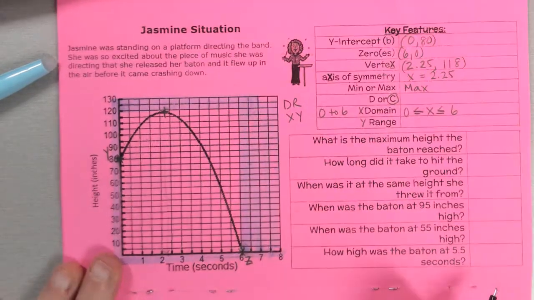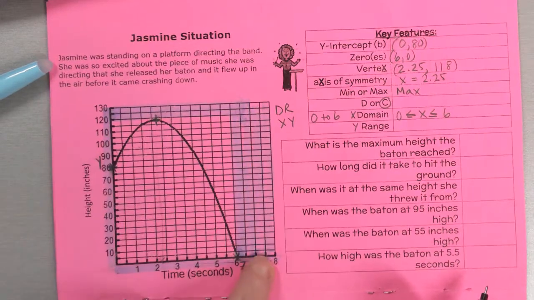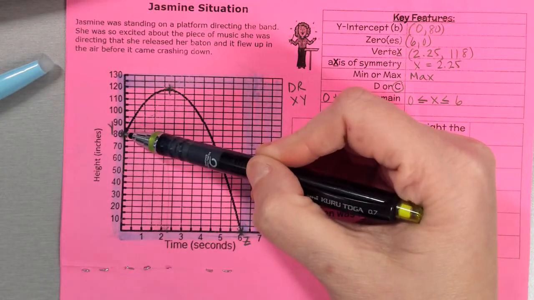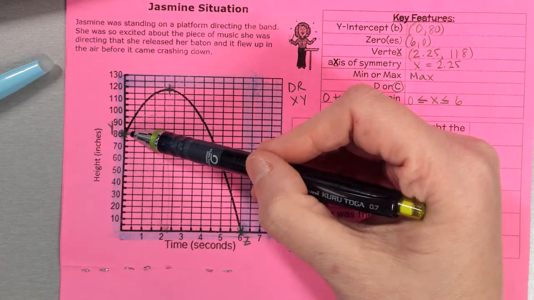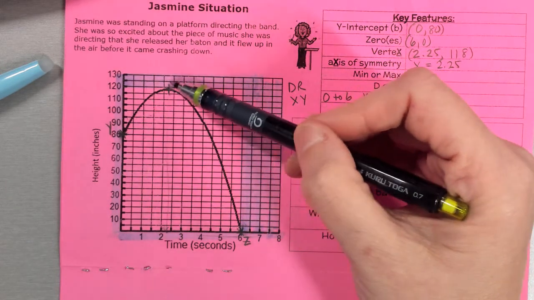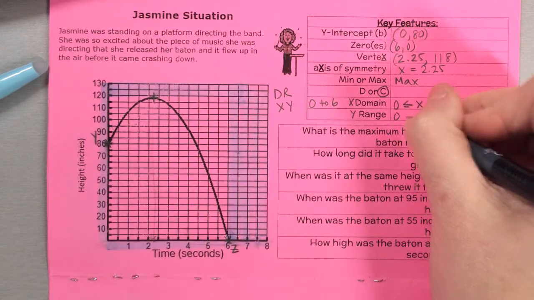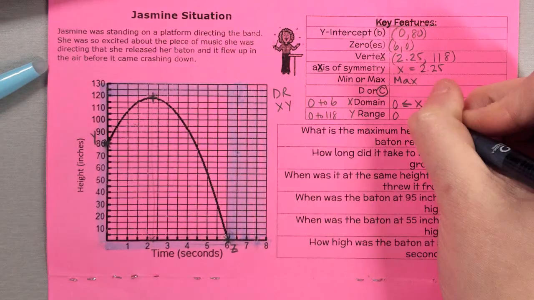Then it's "or equal to," because when she first threw the baton, it was 0 seconds, and when it landed, it was 6. Okay? Likewise for the range, I'm not going to look from 0 to 80. It flew out of her hand 80 inches off the ground, but then it kept on going all the way up to 118 inches. So my y values go from 0 to 118.